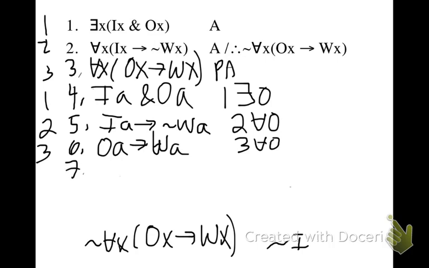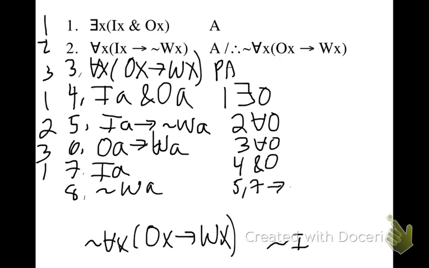And now we're looking for a contradiction. So I'll do IA from 4 ampersand out. That will depend on 1. And that will give me not WA by 5, 7, arrow out.